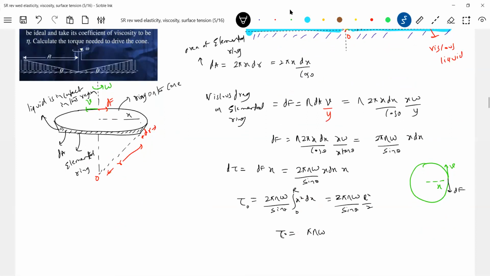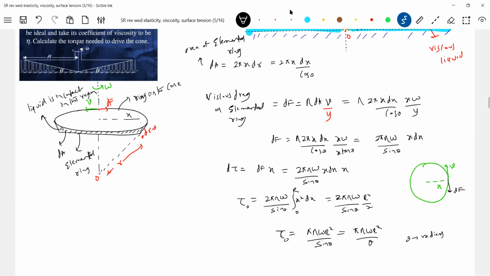So pi eta omega R square by theta, theta very small, we can put it. Theta should be in radians, not in degrees. Okay, there's a torque.